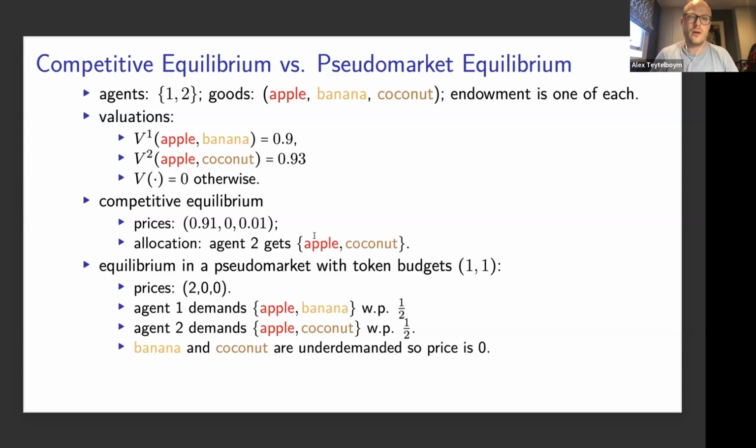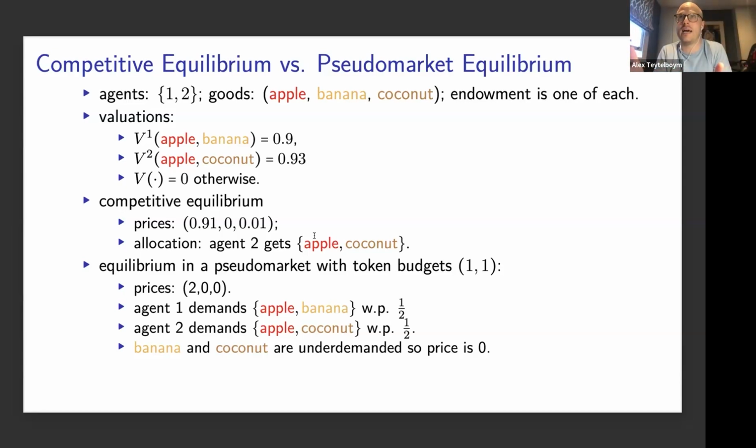But this is not enough. I've allocated a lottery to agent 1 alone. I've allocated a lottery to agent 2. But in order to realize this as an outcome, I need to have a lottery over allocations of goods to agents. I need to say, here is an allocation of all goods to all agents. There's some probability of that. Then I need to have another allocation of all goods to agents.